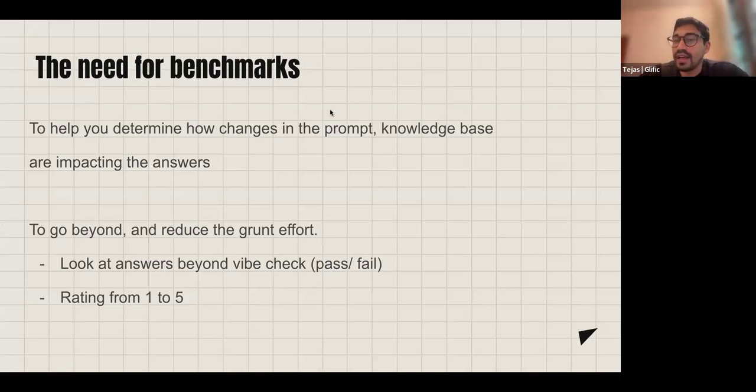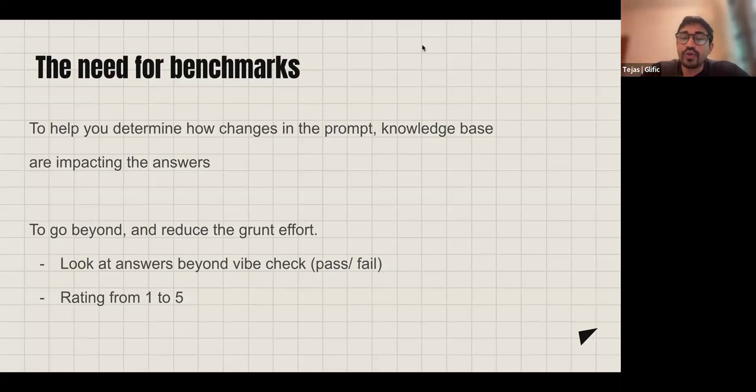And the second bit is, if you make any change in the prompt, or any change in the knowledge base, if you add more information, increase the coverage, or the domain the AI is answering from, all of these will impact the way responses are generated, even in minor ways.